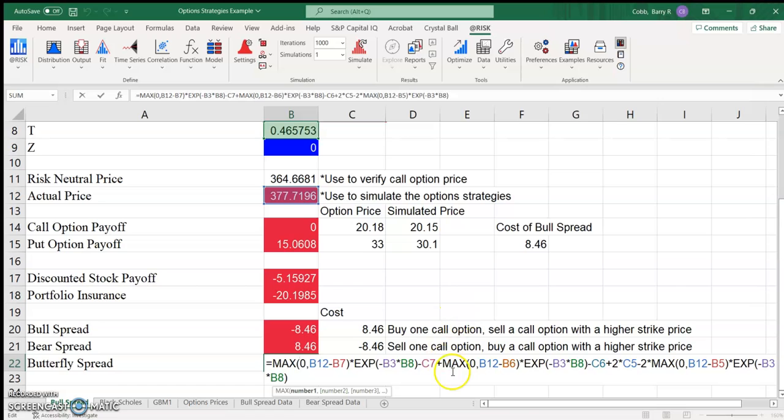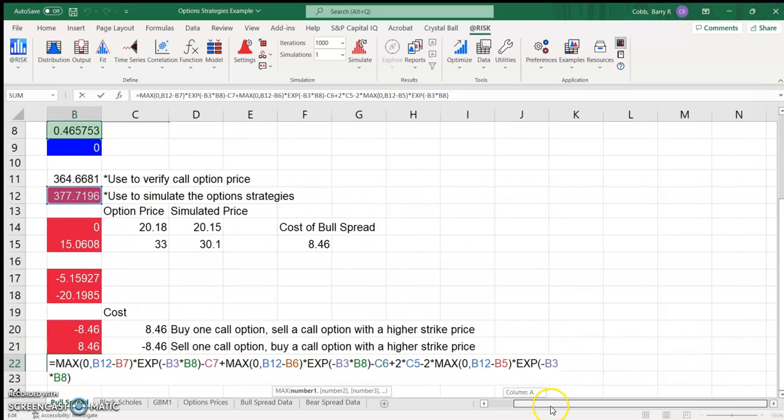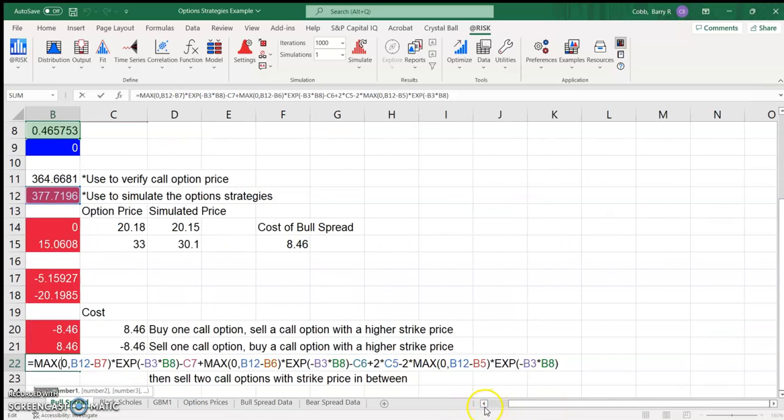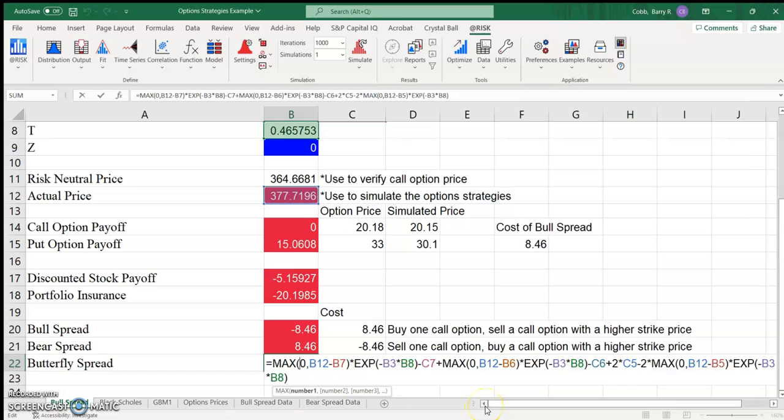And so, fairly complicated formula. But the bottom line, if we review this formula, what's happening here is here's the payoff from buying the first option minus the price, the payoff from buying the second option minus the price. We're selling the two middle strike price options, so we receive 2 times the price, but we pay out 2 times the payoff.